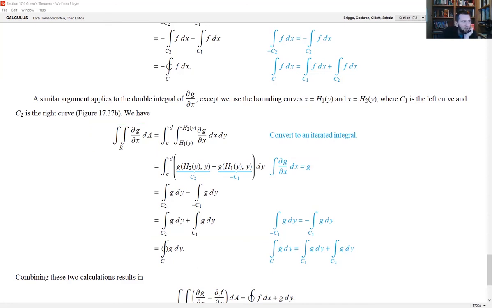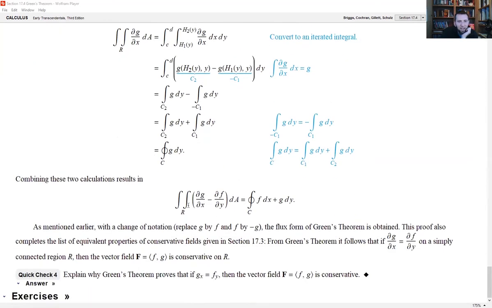And so we can combine these two calculations, and we get that the double integral of the partial of g with respect to x minus the partial of f with respect to y, dA, is equal to the line integral around the closed path of f dx plus g dy.